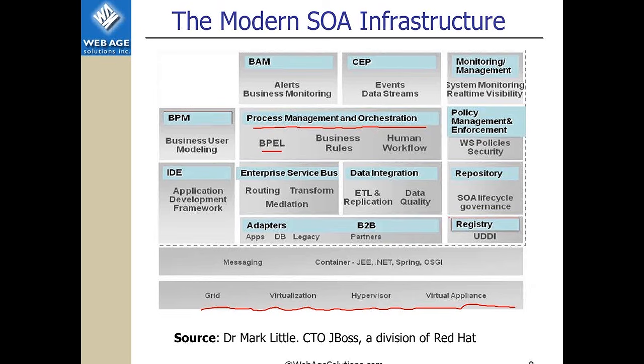For example, registry, UDDI, it has already become obsolete, and major vendors dropped support for UDDI, and other SRA lifecycle governance systems came aboard. But what is important in this regard is that you need to have a repository of whether it's a service or whether it's a set of business rules, and so on and so forth.